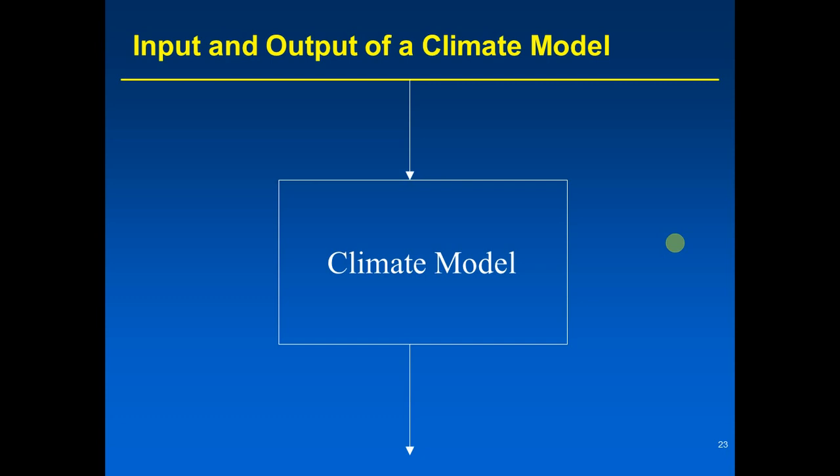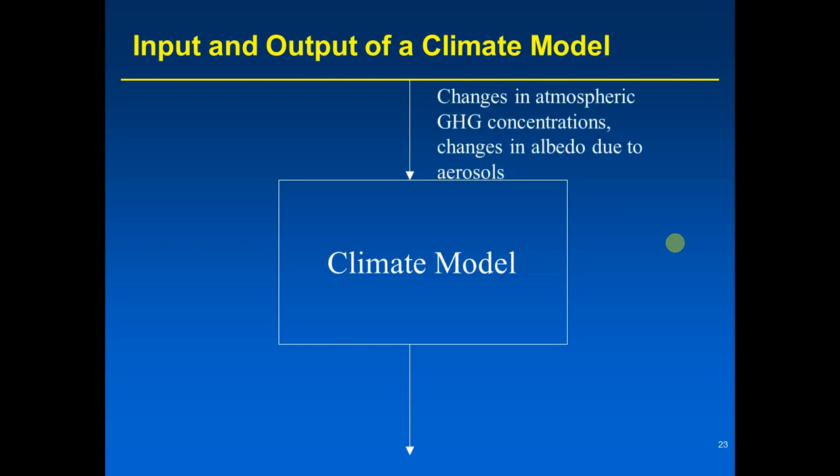Well, the input of a climate model includes a lot of different variable factors, but a couple examples of the input are changes in atmospheric greenhouse gas concentrations. Okay? How the atmospheric greenhouse gas concentrations have changed over time. Changes in albedo due to aerosols. Okay? How more aerosols have led to a change in albedo.